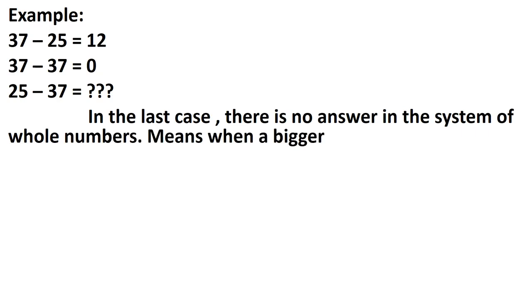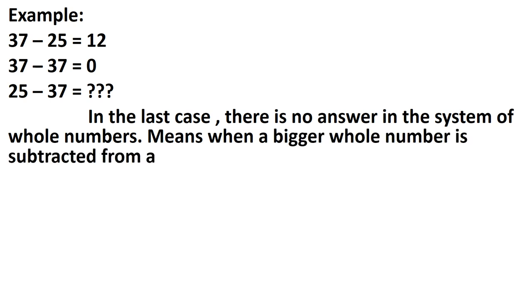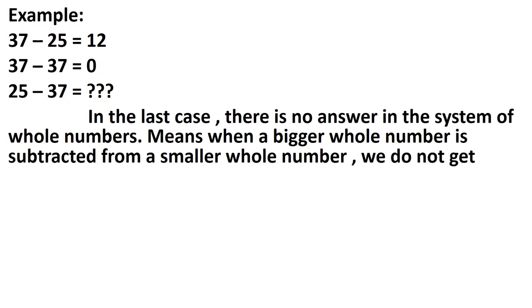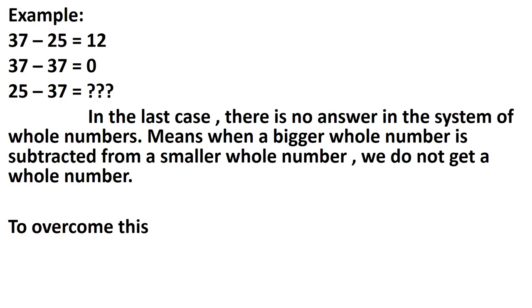Because we can only subtract a smaller number from the greater number. When a bigger whole number is subtracted from a smaller whole number, we do not get a whole number.